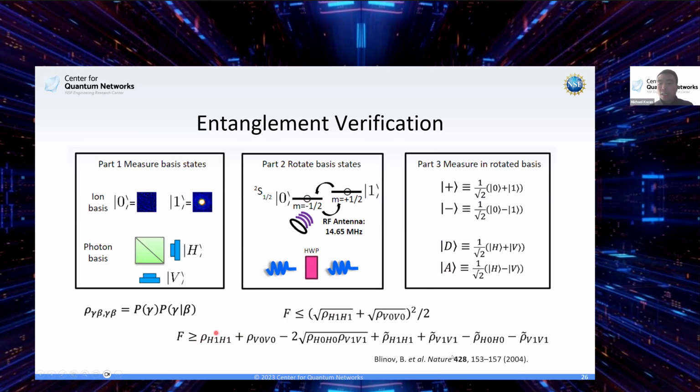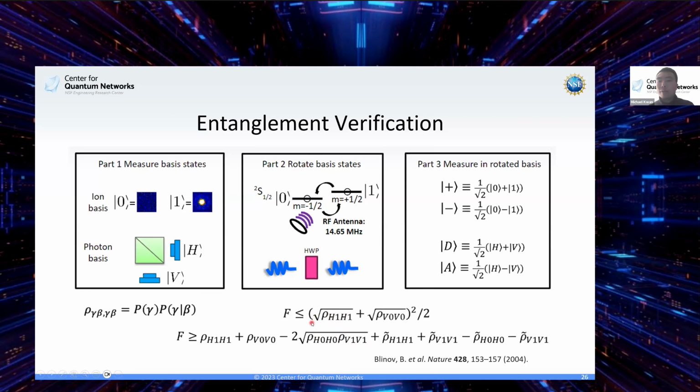In this paper, the demonstration of atom photon entanglement, the authors show that it suffices to just determine several elements of the density matrix to determine the upper and lower bounds of the ion photon entanglement.